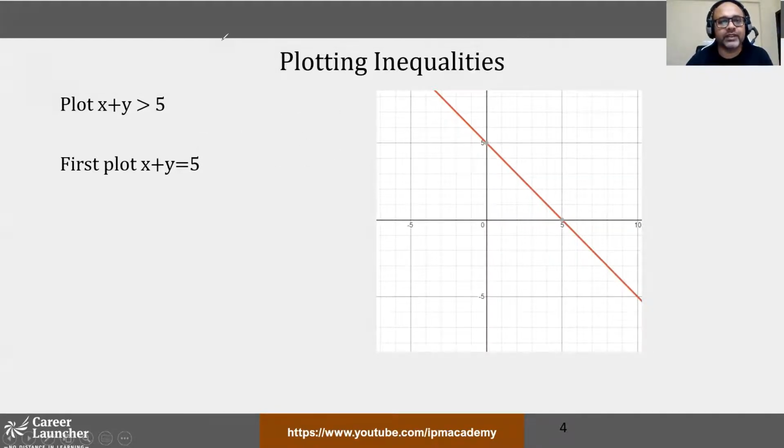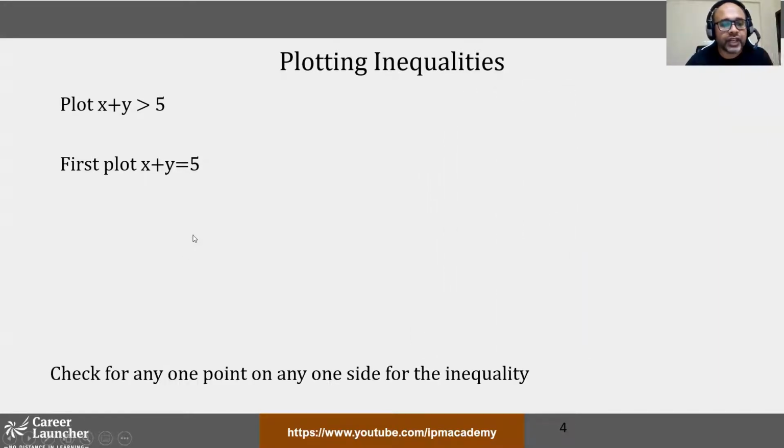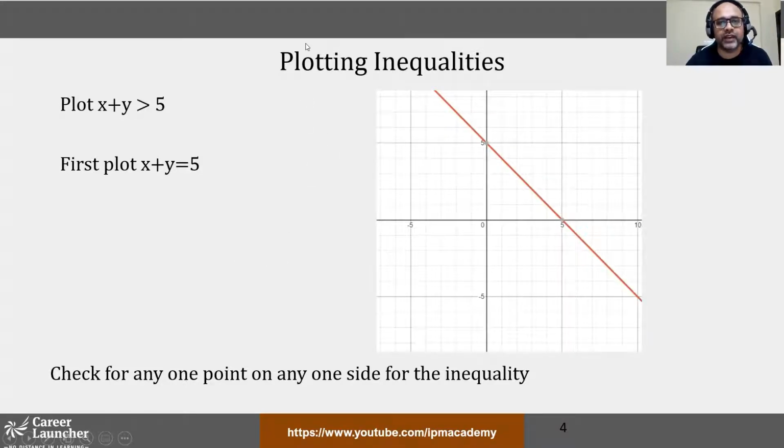The second step is actually something interesting and simple. Check for any one point and any one side for the inequality. What does it mean? Take this line that you just have. Now take any point. Let's call this side A and let us call the other side B. Take any point on any one side, it doesn't matter.